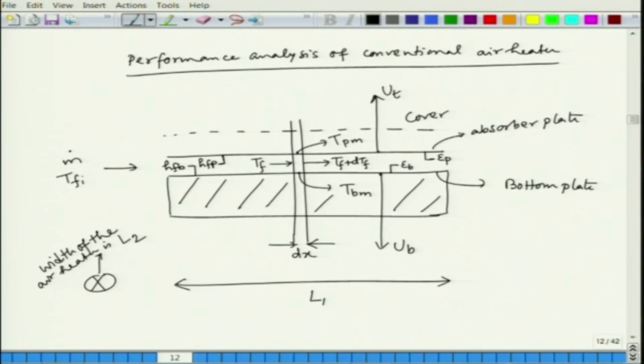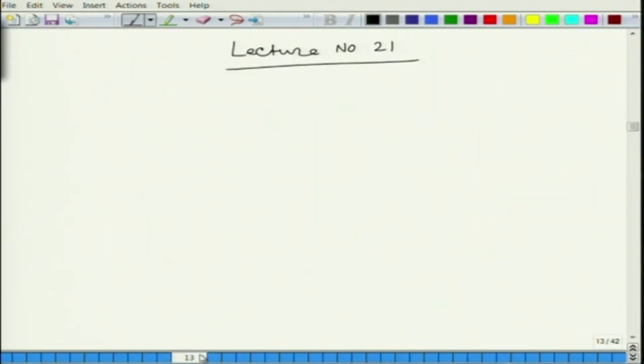So, let us start analyzing it by doing the heat balance. Heat balance we have to do individually for the absorber plate, for the bottom plate and the fluid. First we will look at the heat balance for the absorber plate.